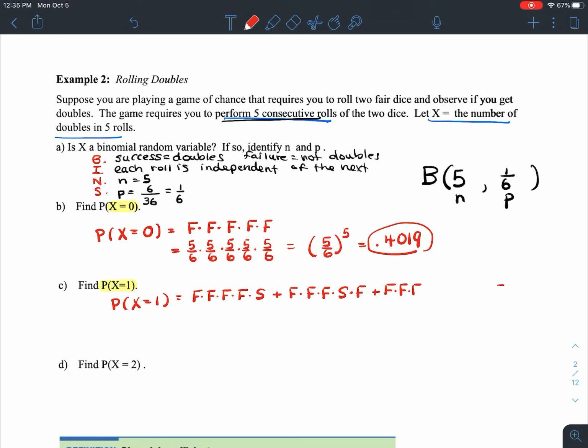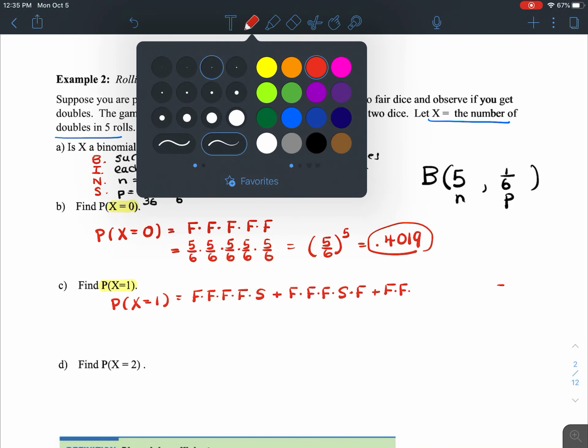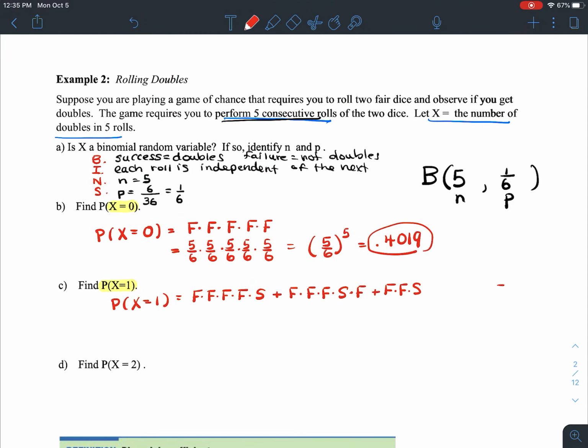Or the first 3 could be not doubles, and then the fourth one is the one that's doubles. And so you can see what I'm doing here. I'm just shifting where the success is occurring in the 5 tosses. Okay, so there are technically 5 different combinations, 5 different ways that you could roll 2 dice and one of them be a success. Okay, so I'm going to put a 5 there in front.